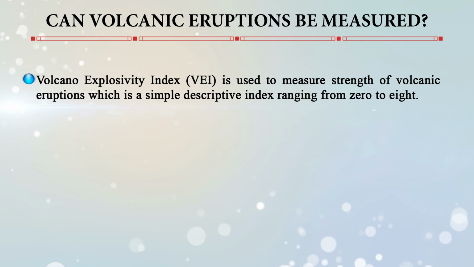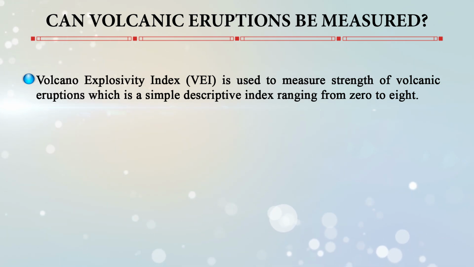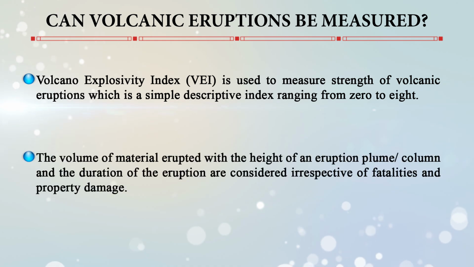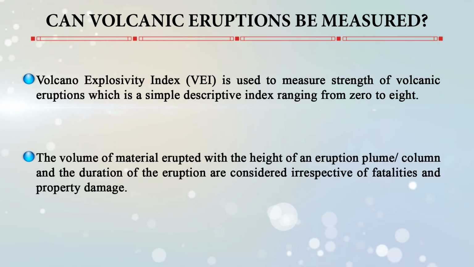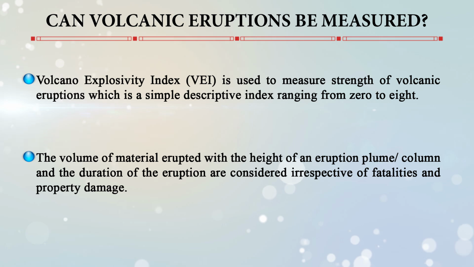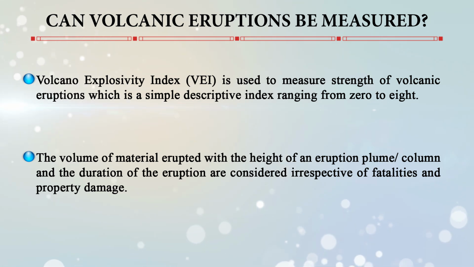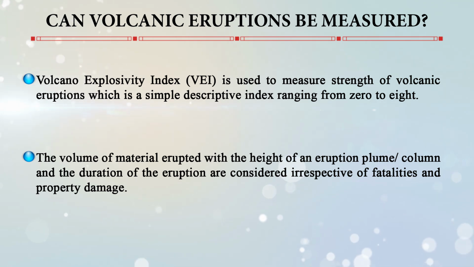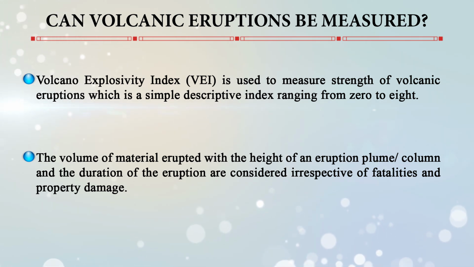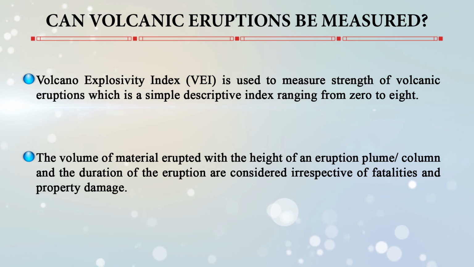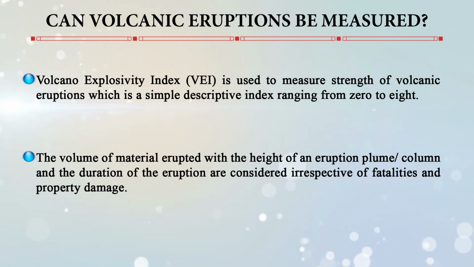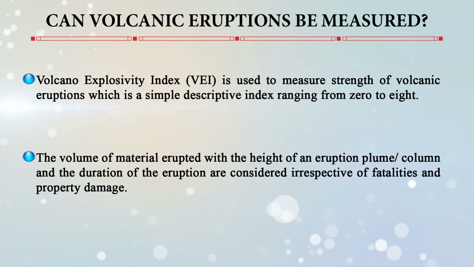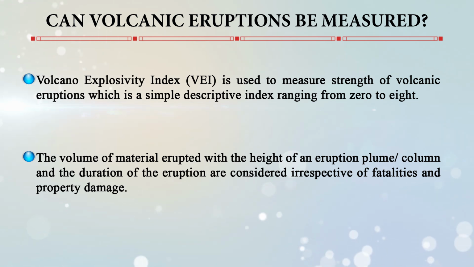What is taken into account here is the volume of material erupted, the height of the eruption plume and the duration of eruption, irrespective of the fatalities and property damage. We do not consider the property damage or fatalities, but we take into account the volume of material, height of the plume and duration of eruption to arrive at this index.